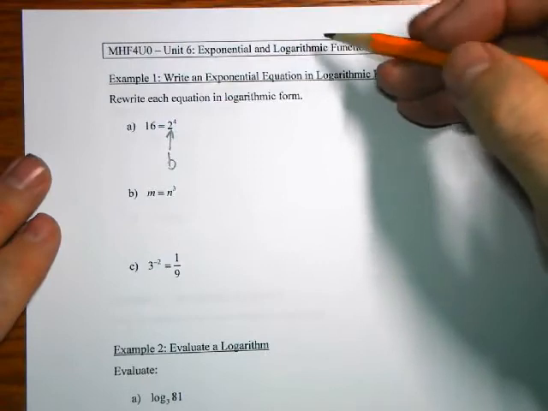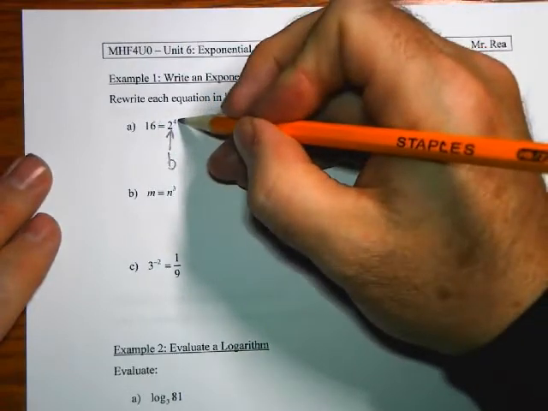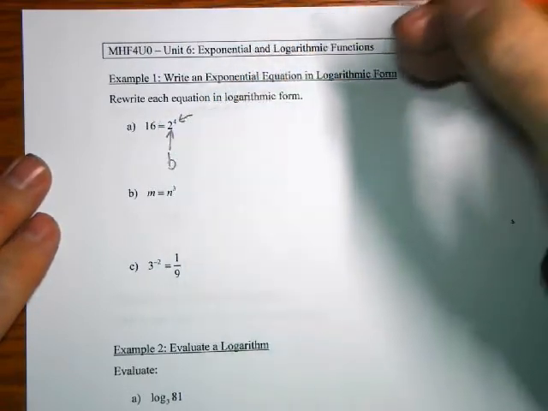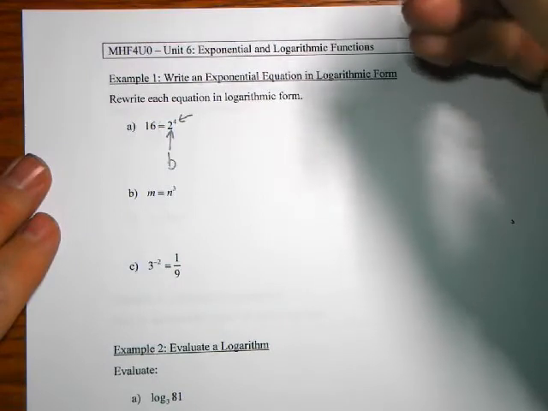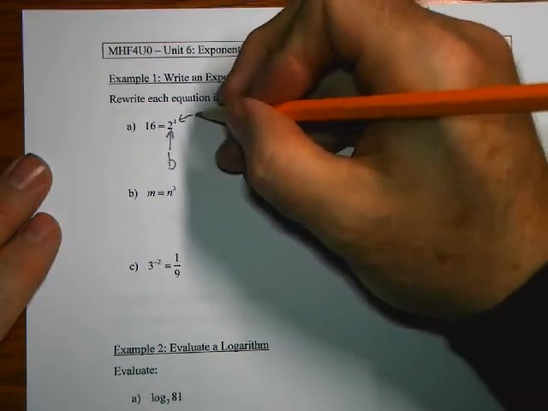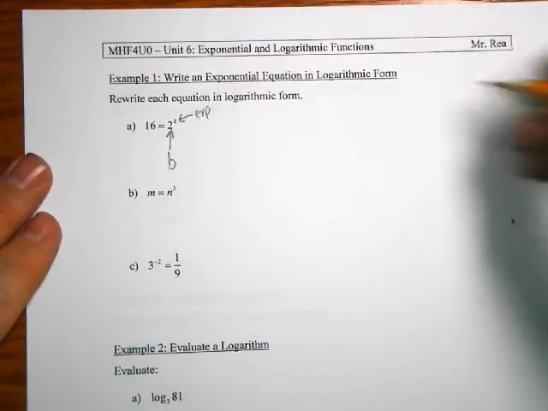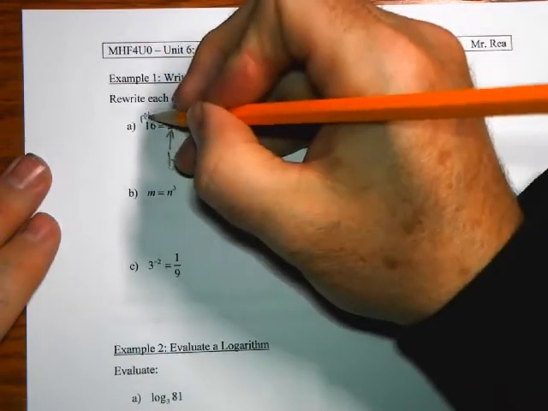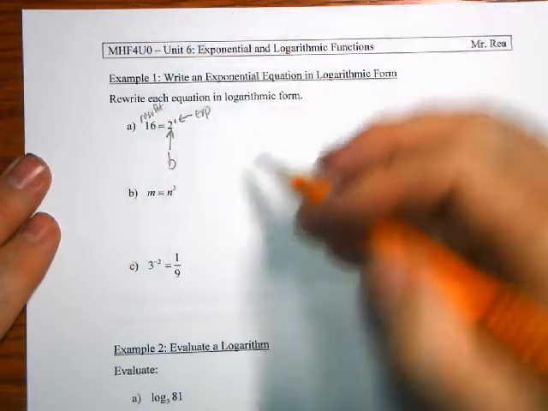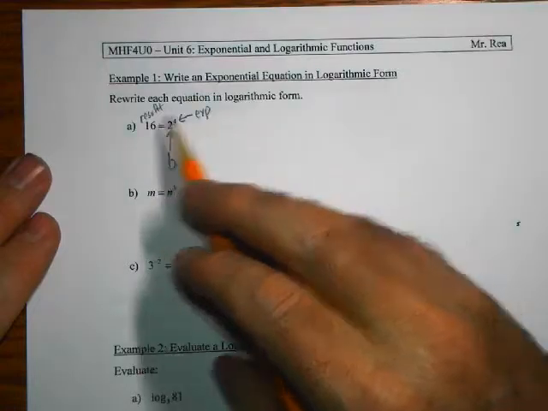The base of the power that's written here. And then the exponent here, this is your exponent, and this is the result. So if you think about it, the base to the exponent gives the result.